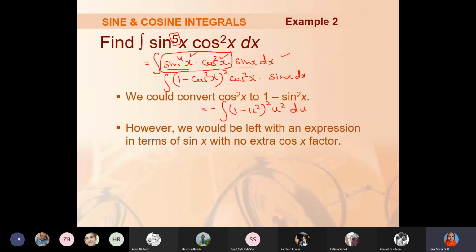So this is my strategy. If I have a product of powers of sine and cosine, I will separate the odd power and convert the rest into the other trigonometric function.